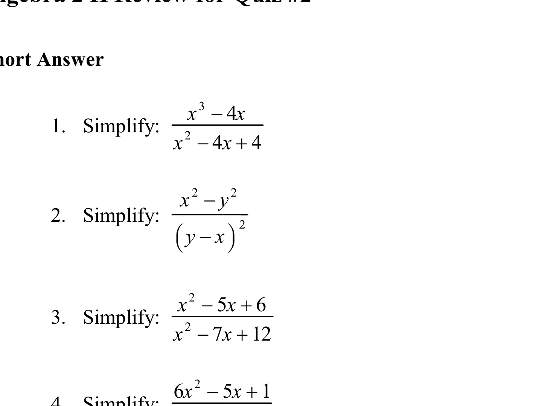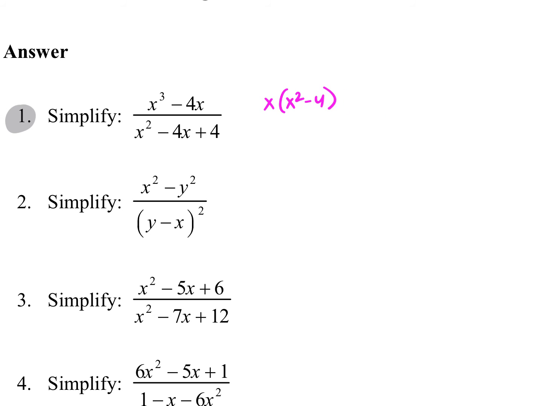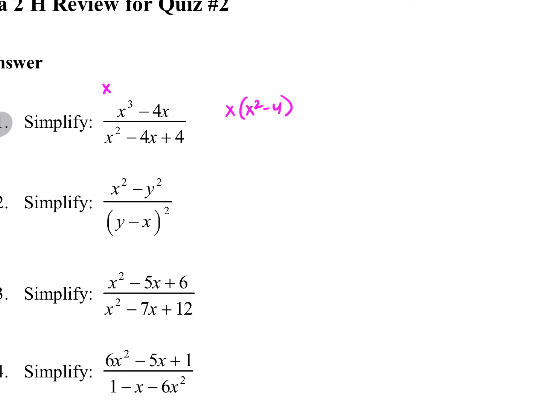What would we do here? In the top, I'm going to factor out an x, and I get x squared minus 4. Then what? Good. So that becomes x minus 2, x plus 2. How about the bottom?